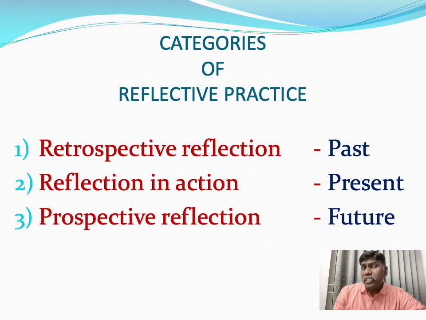Let us see the categories of reflective practice. Already we have discussed in the first part, thinking about the past, present, and the future. These are considered as the categories. Retrospective reflection is all about past, what happened.